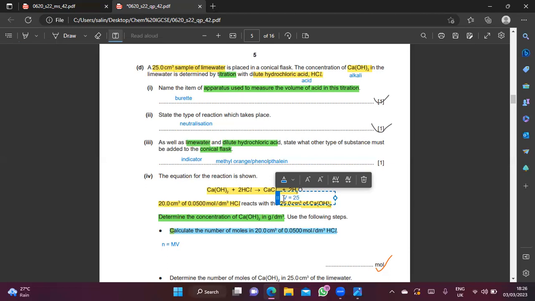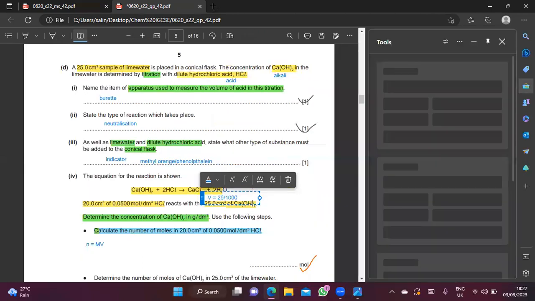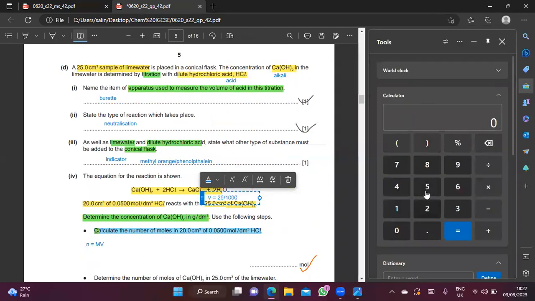So 25 divided by 1000. Okay. I would suggest people, to avoid careless mistakes, convert it before we even use the formula. So this is the best step. Because if you mix your calculation with a lot of things, you tend to make careless mistakes. Trust me, yeah? So this is dm cube.